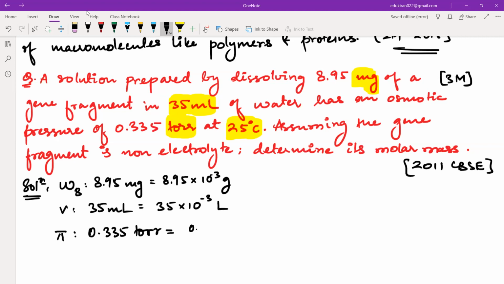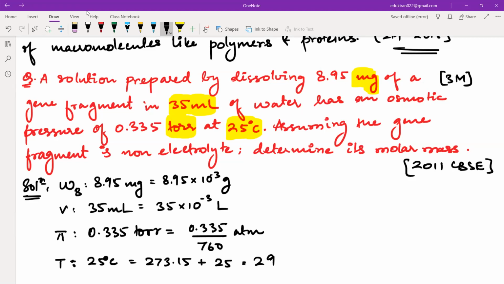It will be 0.335 divided by 760, and this will give you atm. Temperature is also there, so you have to convert it. Temperature is 25 degrees Celsius. You just need to add 273.15 plus 25, which will give you 298.15 Kelvin.